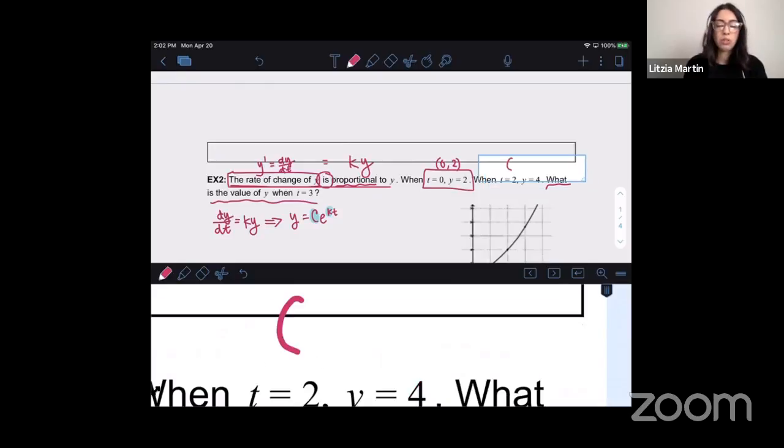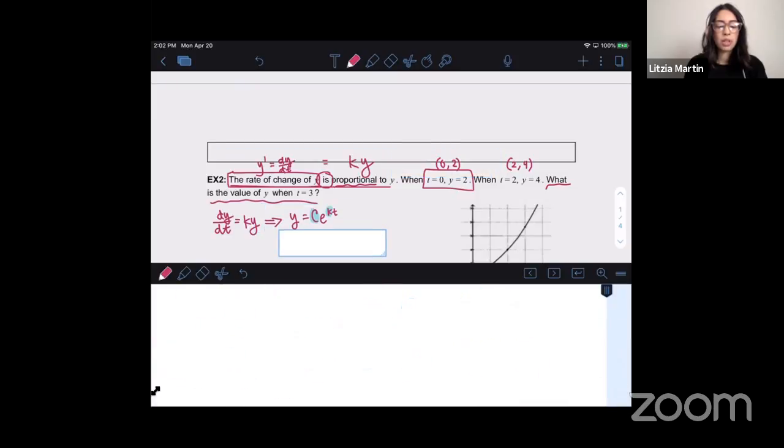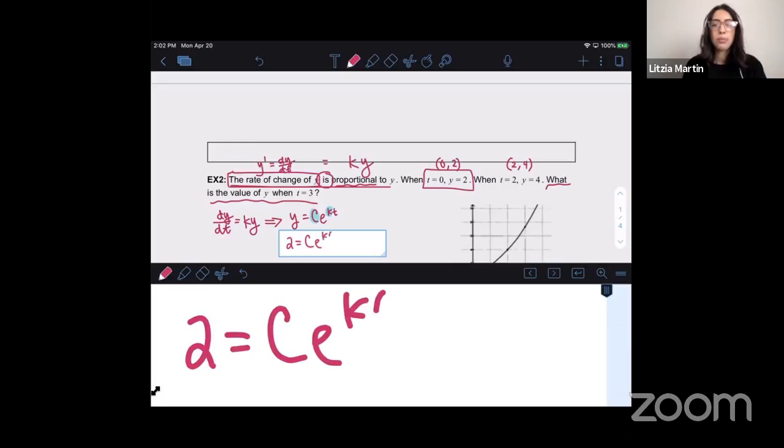I'm going to start with the first one, 0 and 2. I get to plug that in. Y is equal to 2 and t is equal to 0. And what this does now, k times 0 is just 0, because anything times 0 is 0. E to the 0 is 1. So 1 times c just gives me c is equal to 2.